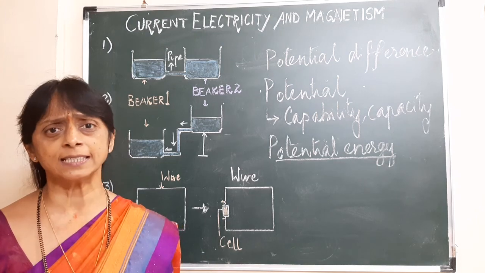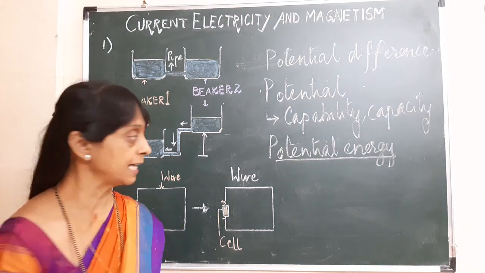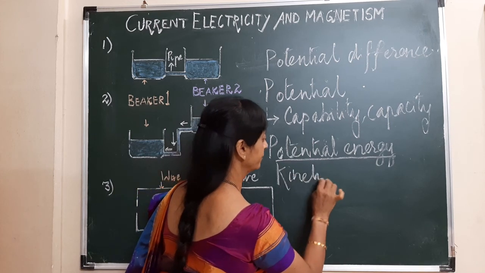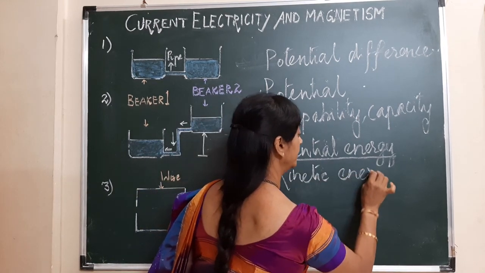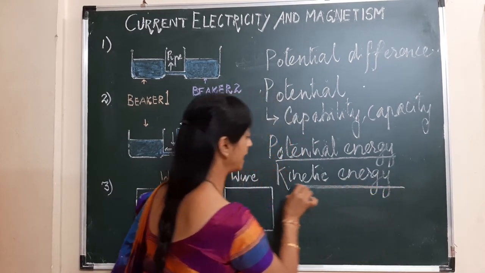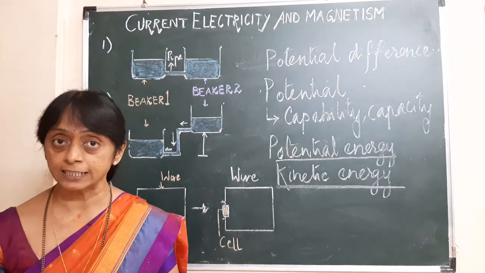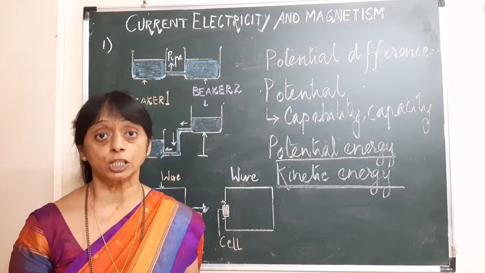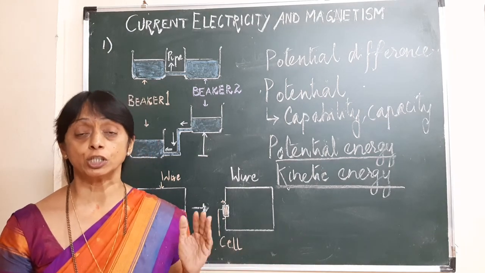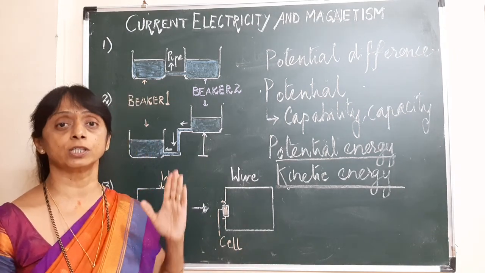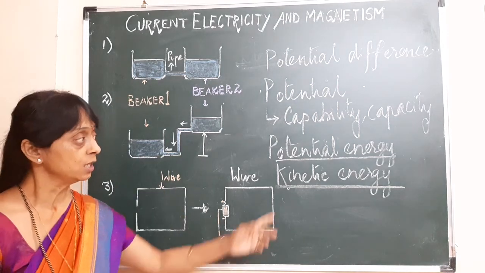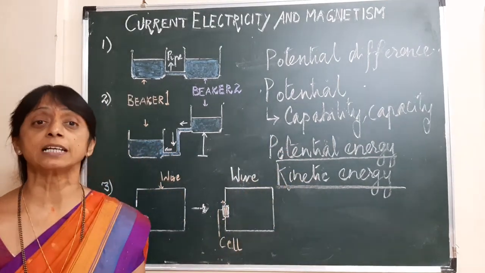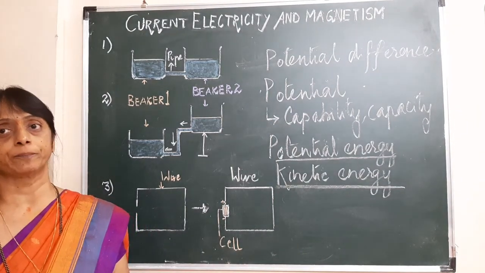Then what is that type of energy called? It is called kinetic energy. Kinetic energy is the energy possessed by an object due to its movement, due to its motion. So when I drop the ball, the potential energy of the ball gets converted to kinetic energy.